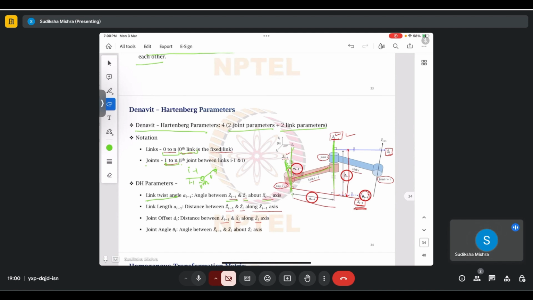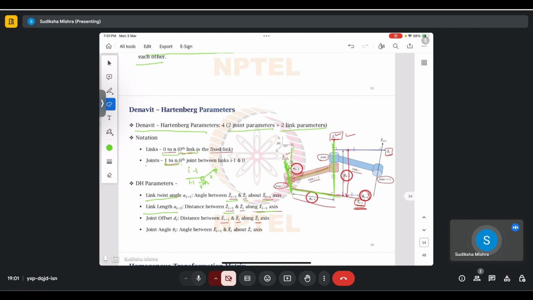The link length, which is a i minus 1, is the distance between the z coordinate zi minus 1 and zi axis along the x i minus 1 axis. So if this is zi minus 1 and this is the x-axis for the respective problem, this is zi, this is zi minus 1.